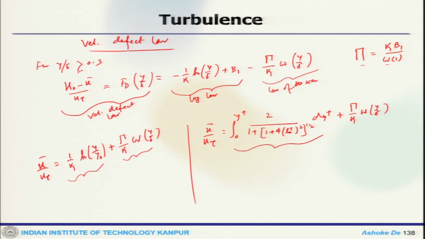So, this gives you the law of the wall with Van Driest model. This is the law of the wake. So, this is the law of the wake and this is the law of the wall. So, then within the boundary layer you get the complete profile.